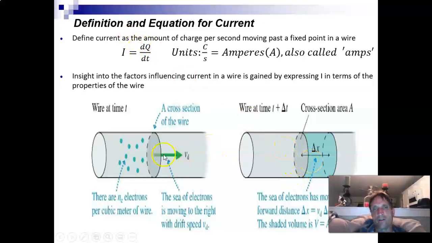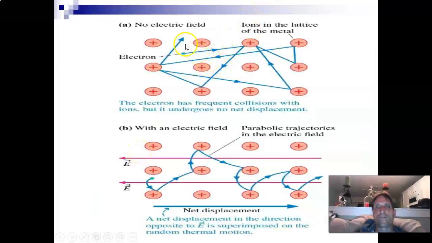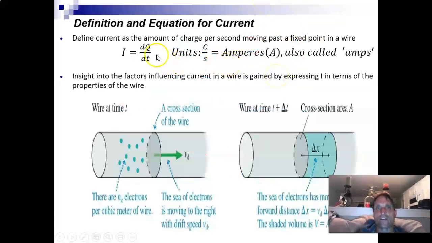If you don't have an electric field, and these electrons are smashing back and forth, but there's no net motion along a given direction, then the current is zero because there's no net charge per time going through this region in a particular direction.